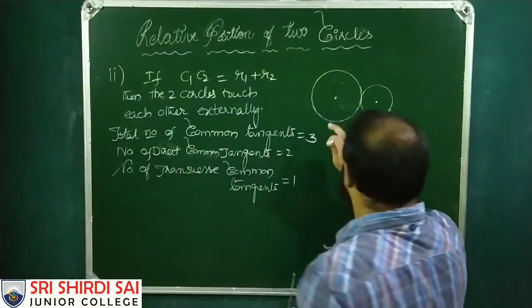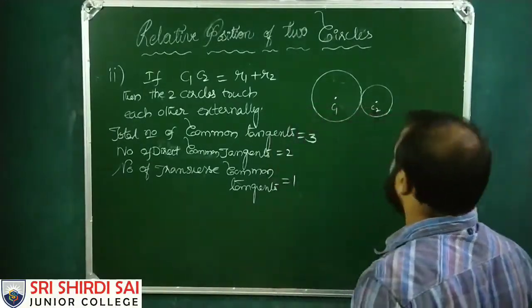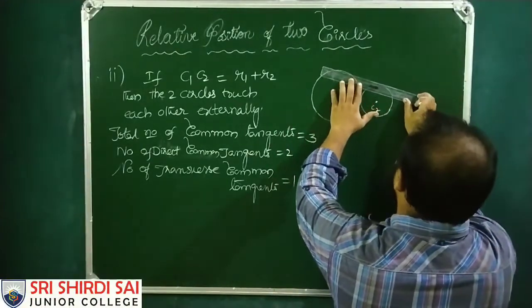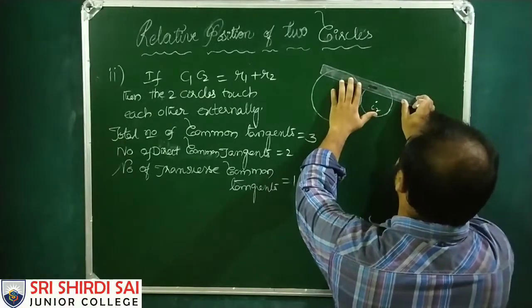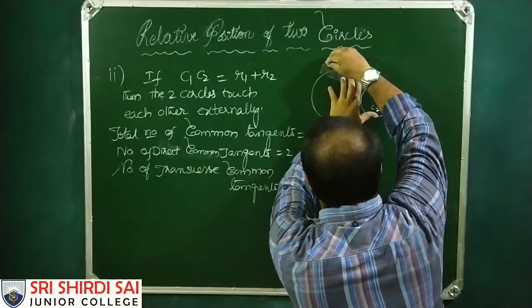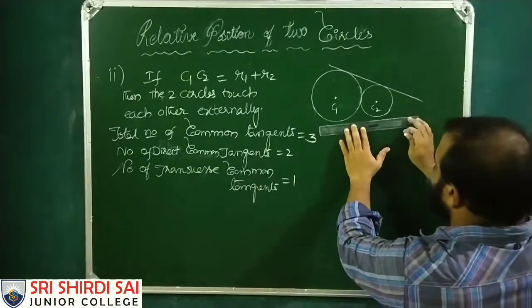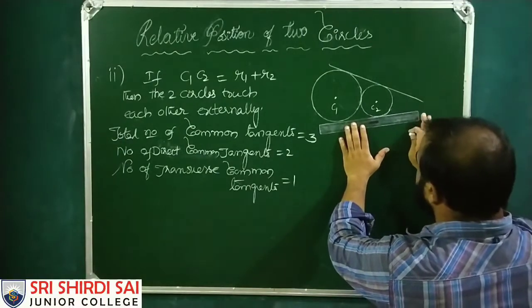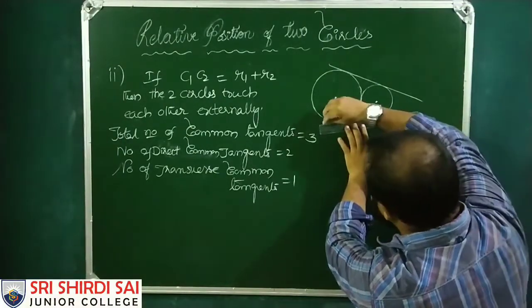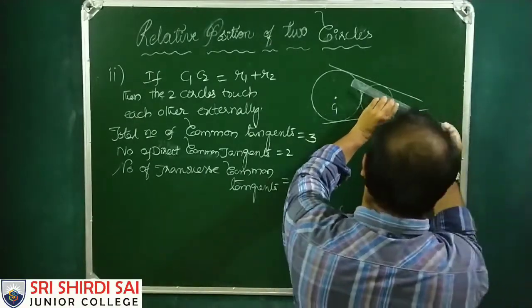So these are the two circles having centers C1 and C2. This is one line which is common to both the circles. This is one direct common tangent, and this is another direct common tangent.